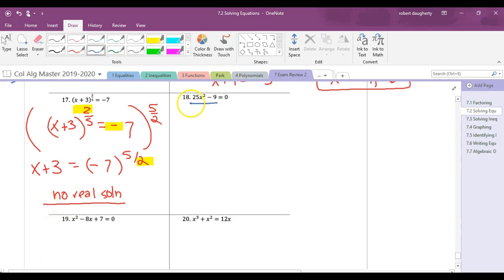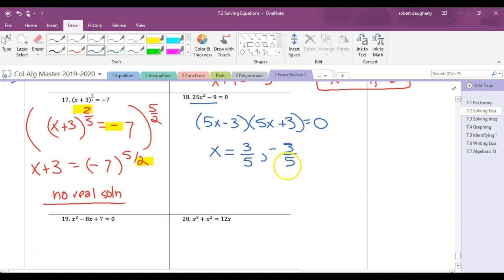Next one, these are perfect squares. So that is 5x minus 3 times 5x plus 3 equals 0. Set each of those factors equal to 0, and you get x is equal to 3/5 or x is equal to minus 3/5.